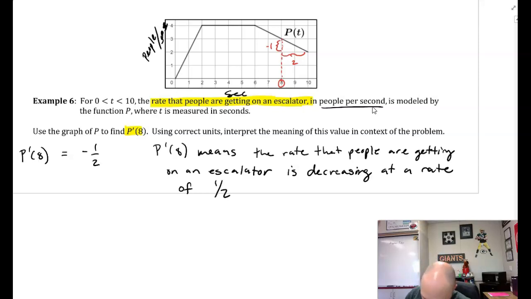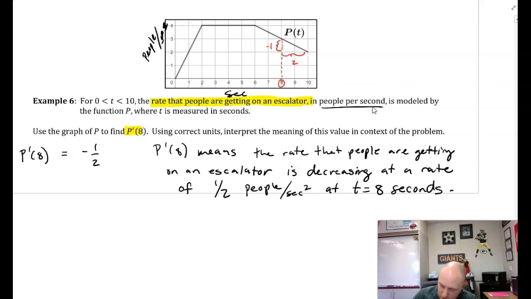So 1/2 people per second per second. So I guess I could say people per second squared. Okay. At t equals 8 seconds.